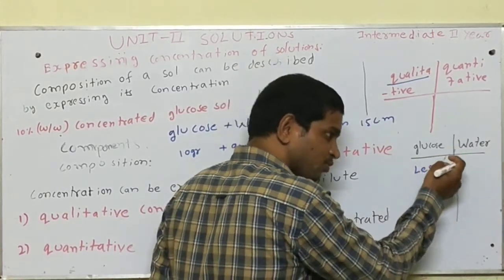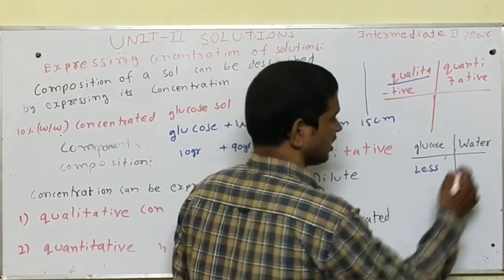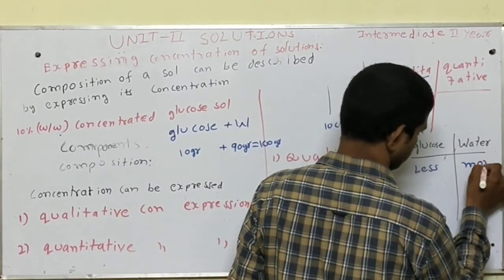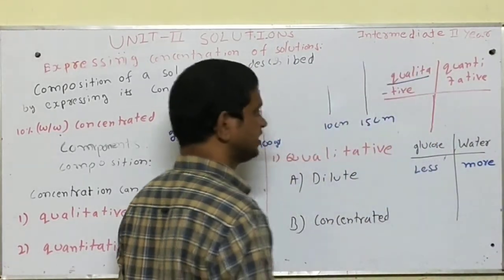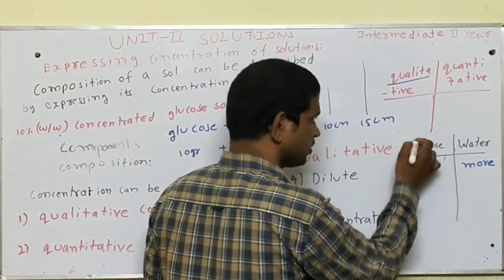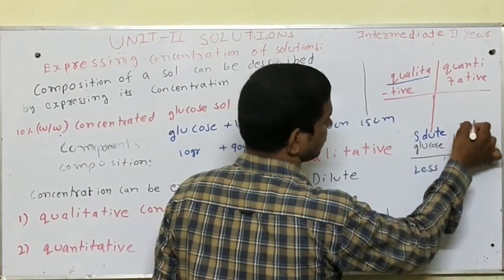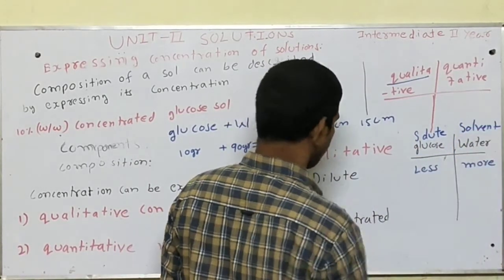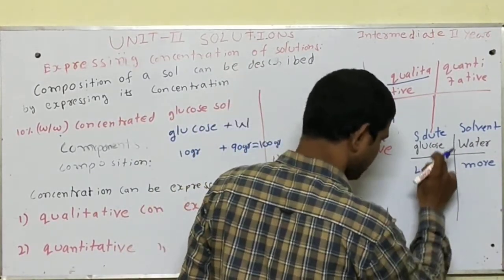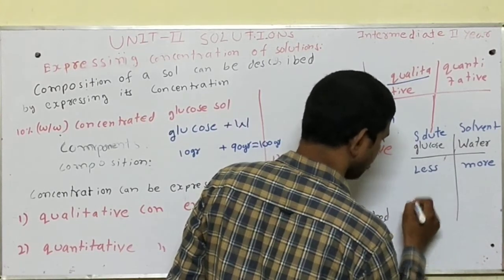If the amount of glucose is very less, these solutions are dilute solution, and the amount of water is more. And in concentrated, the amount of solute is not so less when compared to the first one. It's somewhat more.